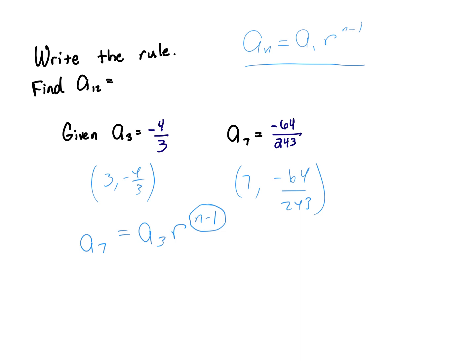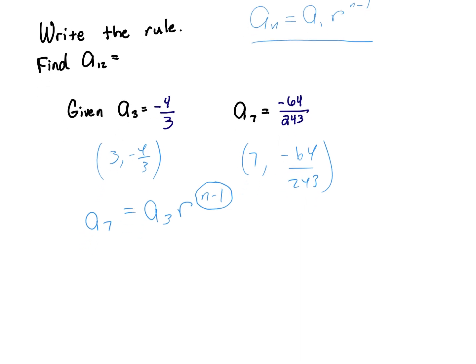Everybody see we're just using the formula. So now let's plug in. What is the seventh term? Well, it's negative 64 over 243 equals, what is the third term? Negative 4 over 3, correct? And then the last thing we're going to say is our R to the, we're going to subtract the term numbers. We're figuring out how far away these terms are from each other.